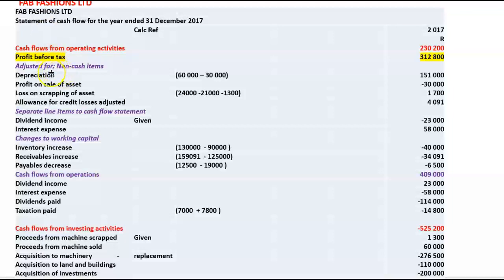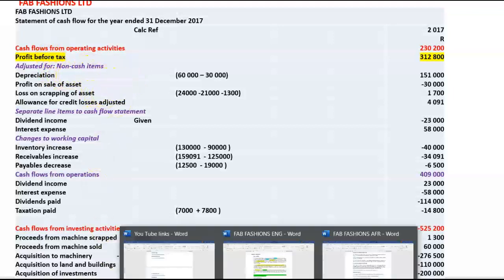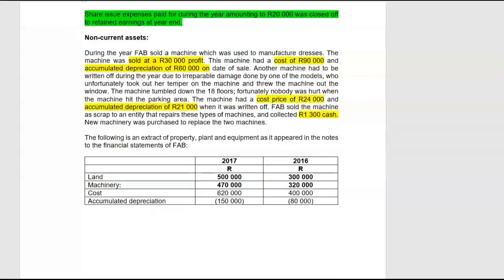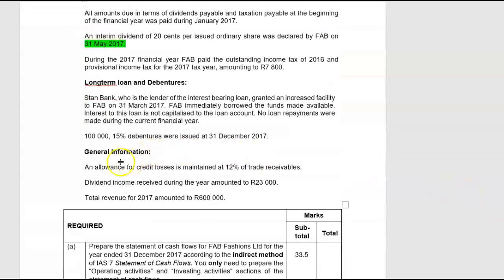Okay, now non-cash flow items were depreciation, the profit on the sale of the asset, and the loss on the scrapping of the asset. Remember here, they've told us under other information that an allowance for credit losses is maintained at 12% of trade receivables.